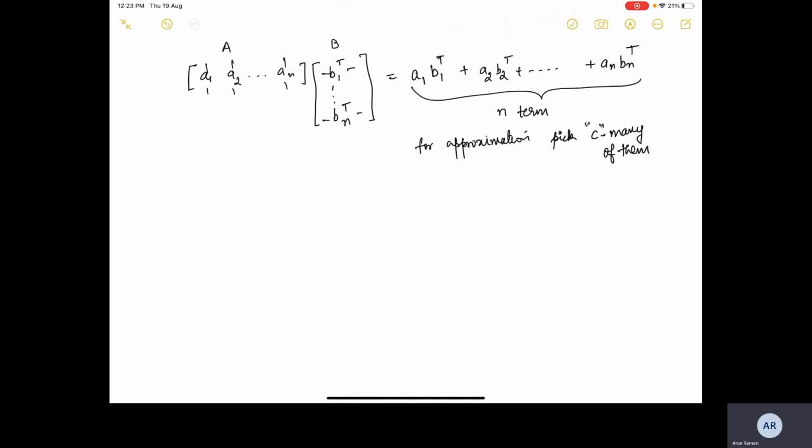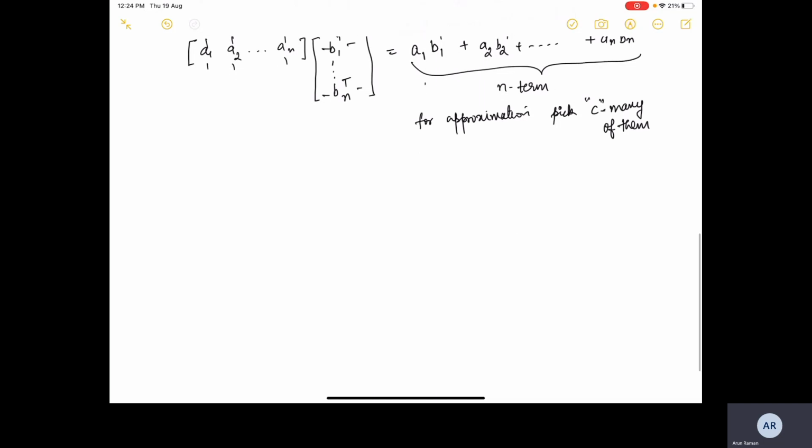Here, we look at a randomized version of it, where we do not pick the largest ones, but we pick C of them using a distribution. It gives different kinds of guarantees, but we pick C many of these terms using some probability distribution.